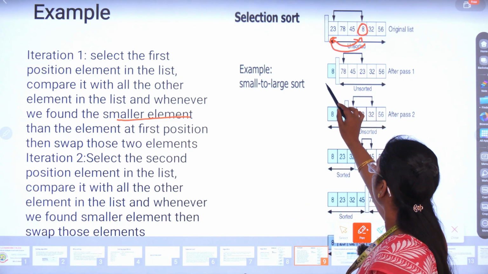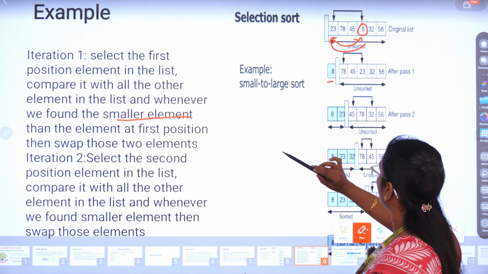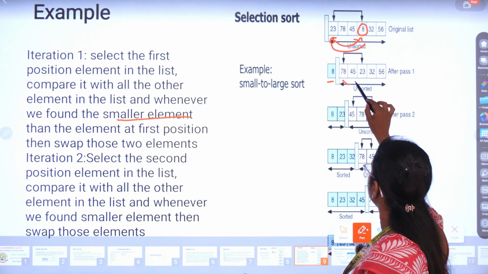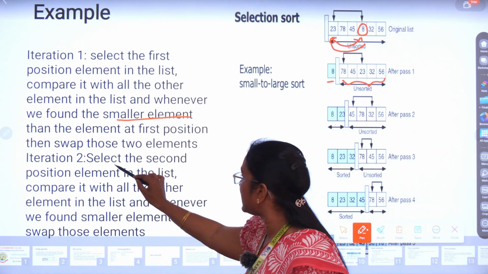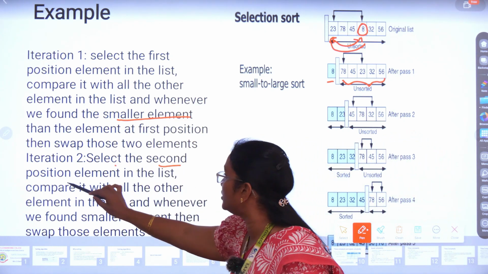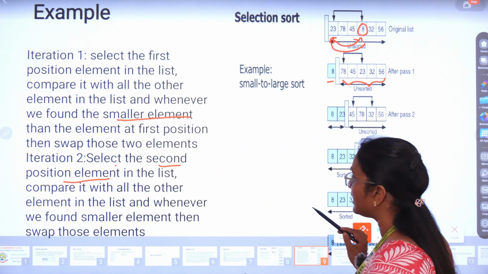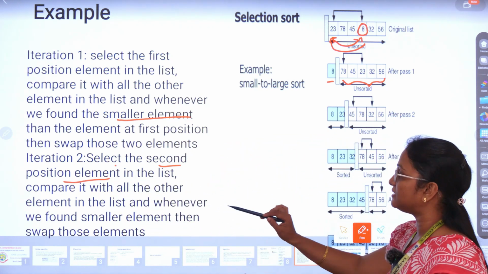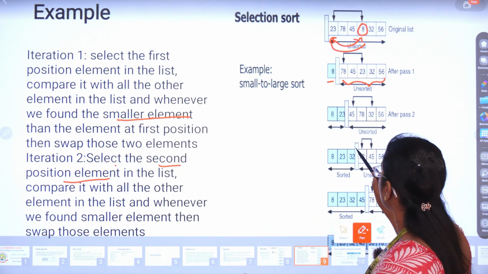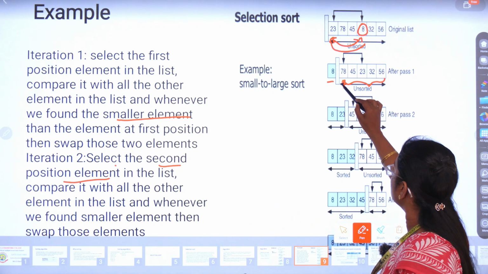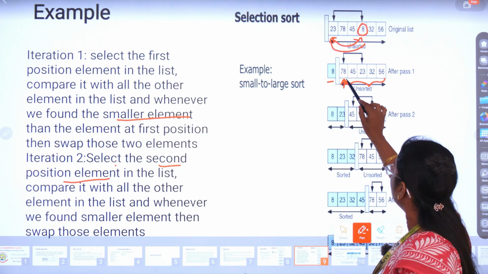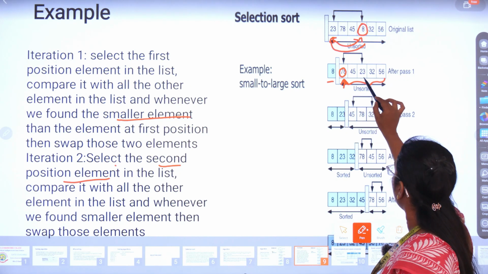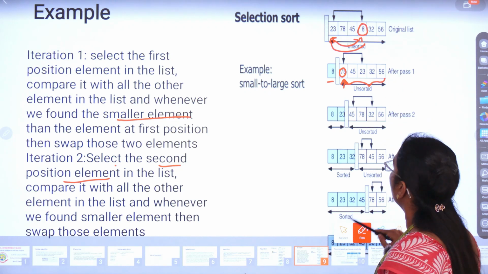Now 8 becomes the sorted array, and the remaining elements come under the unsorted array. In the second pass, select the second position element in the list and compare it with all the other elements. Take this as the selected element and compare it with all the other elements in the list.